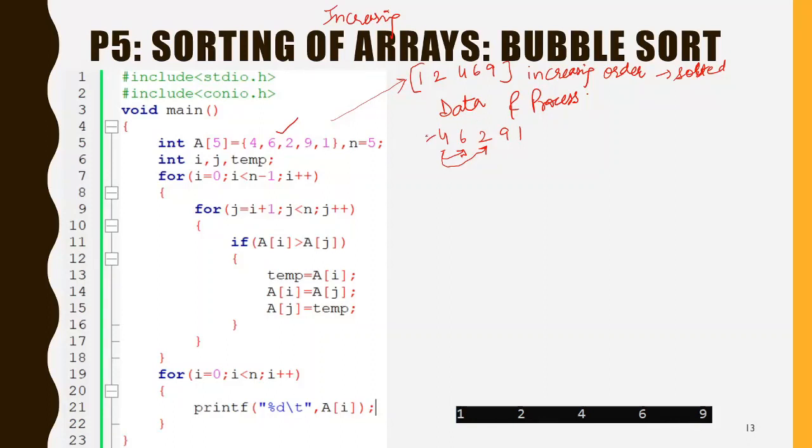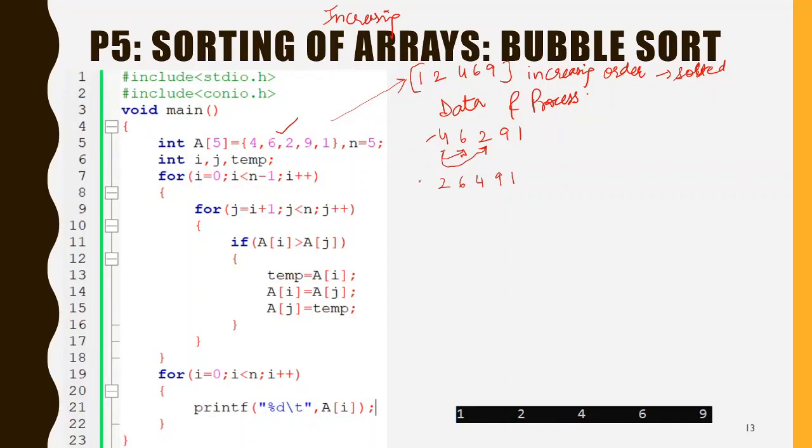We don't know the exact place of 4 right now, but we know that this 4 should not be here. Instead of this 4, it should be any other number which is smaller, if found. So I compared 4 with 6, and then I compared 4 with 2. So 2 and 4 will interchange their places with each other.